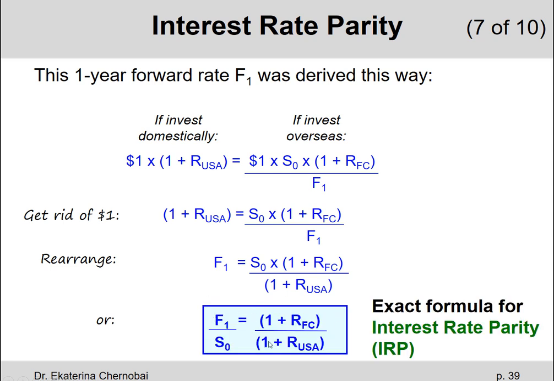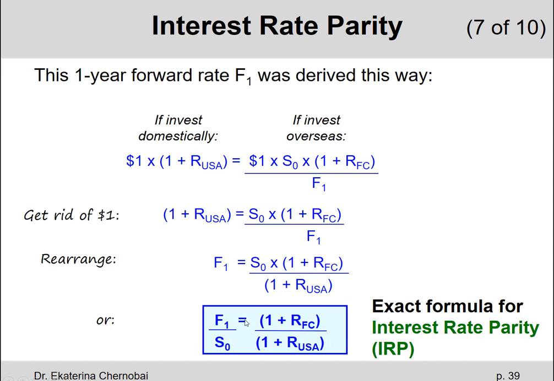Or let's rewrite it the way that fits the definition of the so-called interest rate parity formula, where it says that the 1 year forward rate divided by the spot exchange rate today equals 1 plus the interest rate in the foreign country for the risk-free asset divided by 1 plus the rate for the risk-free asset in the United States.